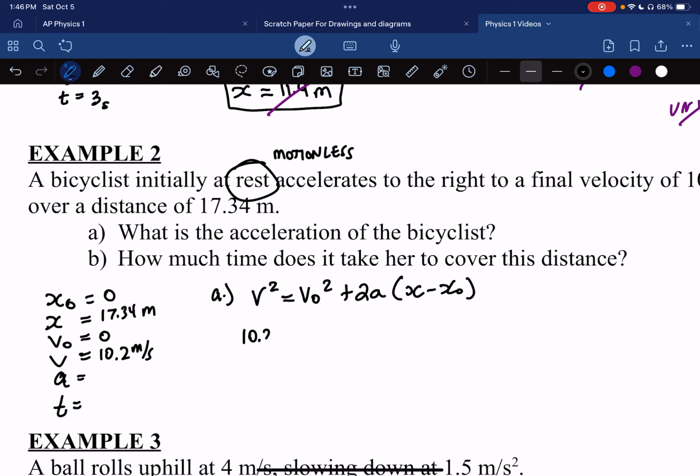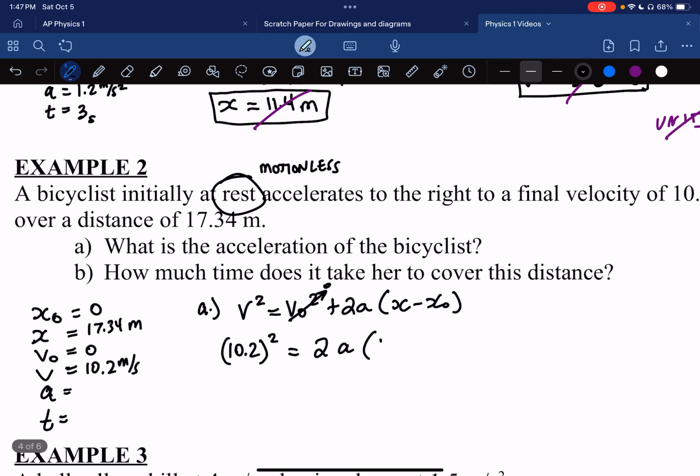So we're solving for a in the middle of the equation here. Let's substitute v. Whenever you substitute, put it in parentheses. V naught is 0, and 0 squared is 0, and 0 plus 2a times x minus x naught, we can just get rid of that. This is 2 times a, and we'll substitute 17.34. Okay, x naught was 0. Whenever you subtract 0 from things, you just keep that number.